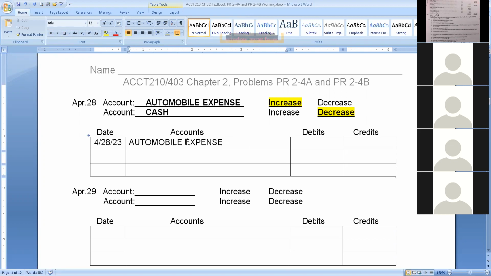So whenever you see expense, again, unless it's an error, and I really didn't put error corrections in these, it's going to be a debit. So any expense is going to be a debit.